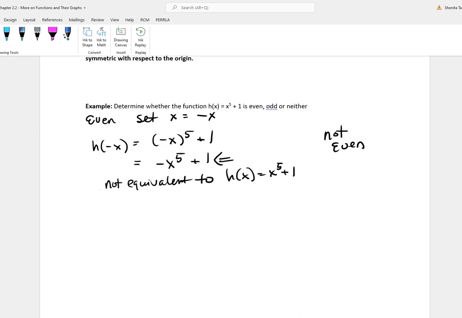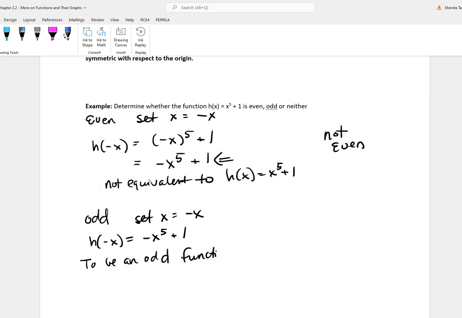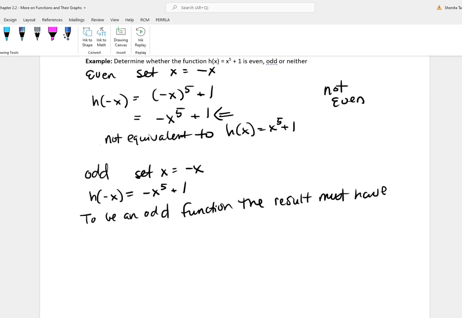Let's check to see whether or not it's odd. So we're still going to replace x with negative x. We already know that it's equal to negative x to the fifth plus 1. So to be an odd function, the result must have the opposite sign from the original equation.